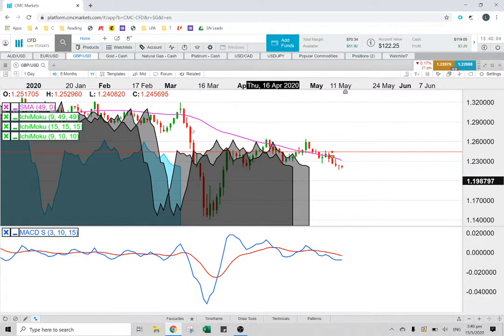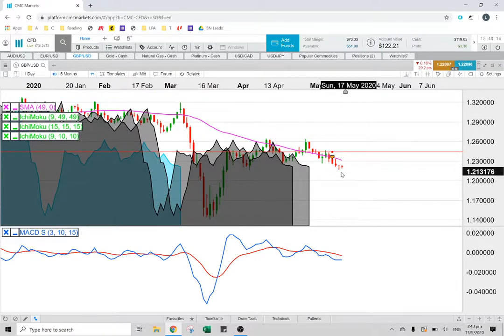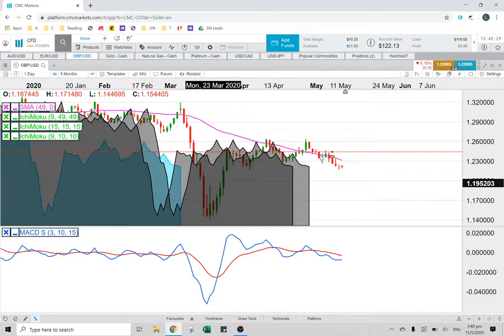But that being said, the trend is down, and in a couple of days, say about a week, the line will start to turn flat if it continues staying here. Red line down, blue line down, so we can start to see that things are slowing down in terms of the down move. So could it be the start of a new trend?